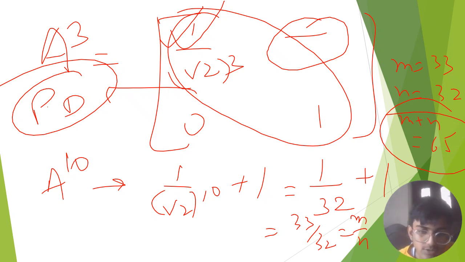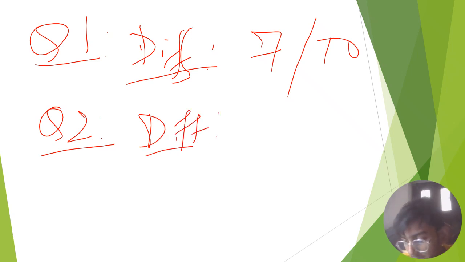Okay, this was our discussion of the questions, and with this we have completed the matrices chapter, and I'll rate the difficulty level of the questions. The first question which we have taken, difficulty will be 7 on 10. Question number 2, difficulty will be 7 on 10.